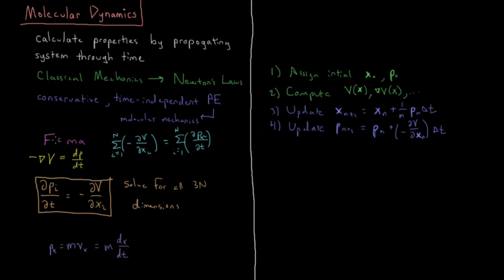Okay, so the force is equal to mass times acceleration. The negative gradient is equal to the change in the momentum over time. So the change in the momentum over time times time is the change in the momentum. So going from our current momentum to the next momentum is the change in the momentum. All right, so we've updated that.